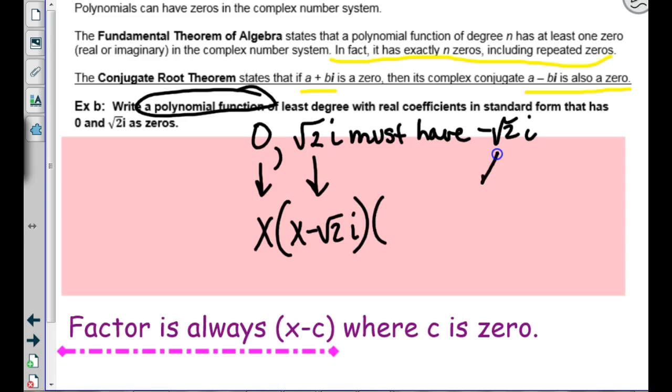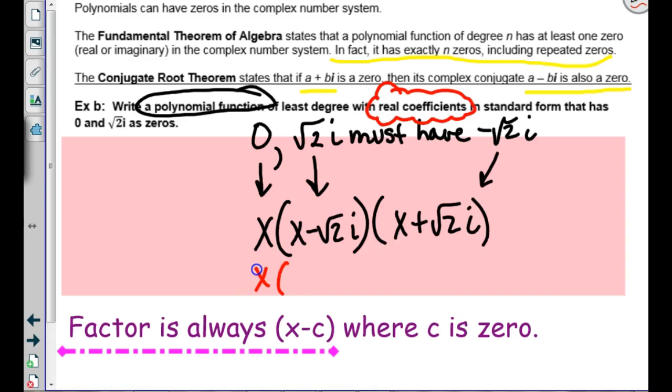What about this one? Okay. Now, this is where it gets messy because no one wants to have to do this, me included. We have to have real coefficients when we're all done. What do we have to do to make those into real numbers? FOIL it together, okay?